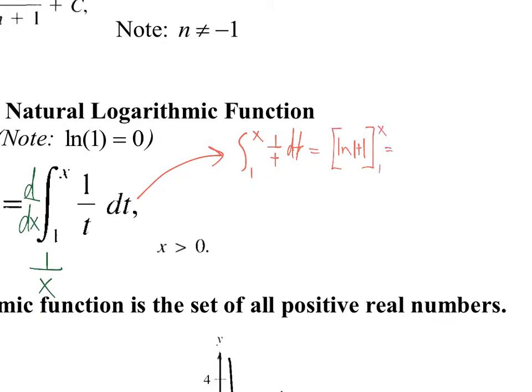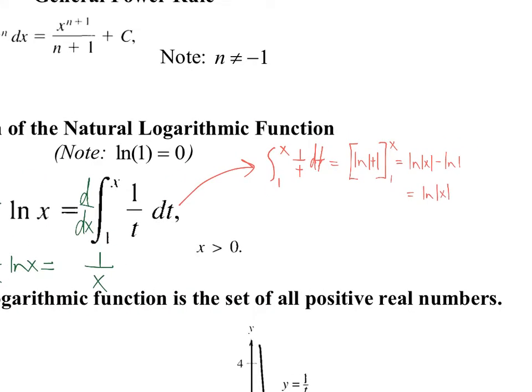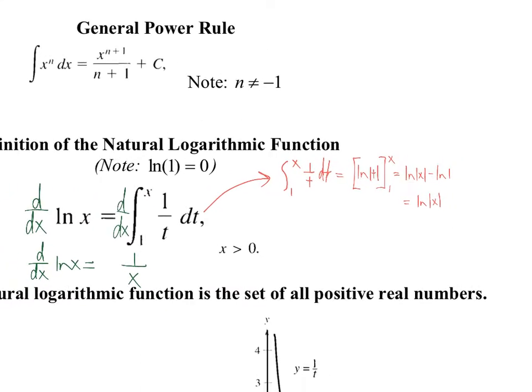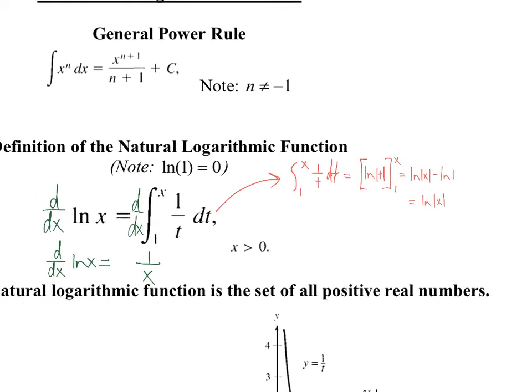Well, that's ln of the absolute value of x minus ln of 1. ln of 1 is 0. So this is ln of the absolute value of x. So we just showed that that's the case.